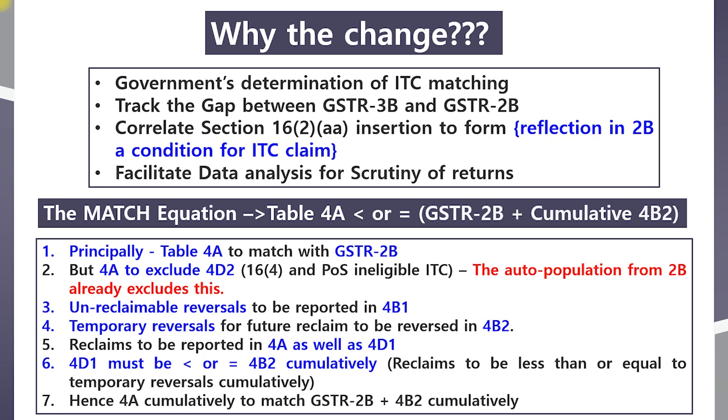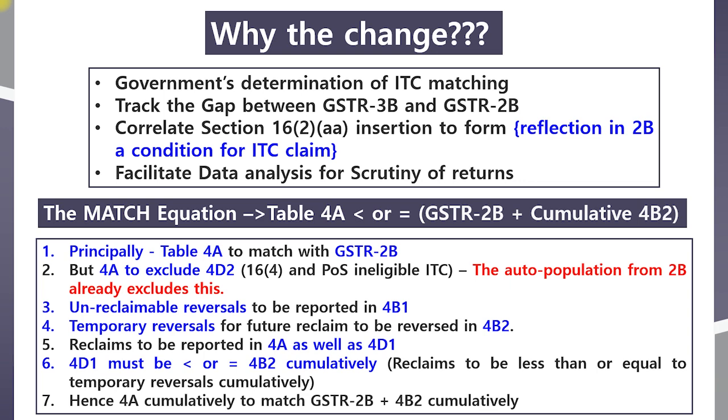Reclaims, apart from being claimed through 4A, it has to be reported in 4D1, the reporting segment. And 4D1, the reclaim should be less than or equal to 4B2 cumulatively. Hence, the ultimate formula is that GSTR 2B plus 4B2 cumulatively should match my 4C, which is the claims which go to the electronic credit ledger. Let me just give a simple thing.